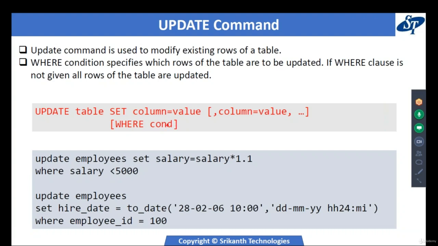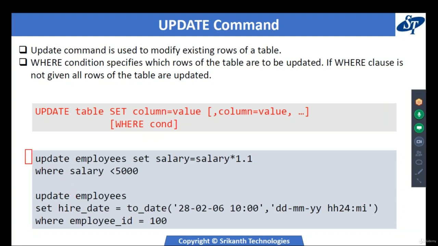Though it is optional, if you don't give this, it is going to affect every row in the table. So be careful and don't forget to give where, because beginners often forget to give this and end up updating every row in the table.